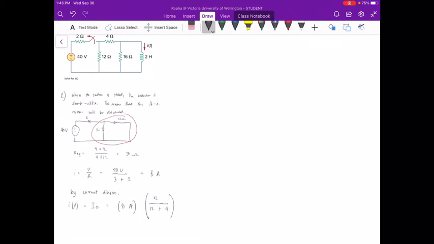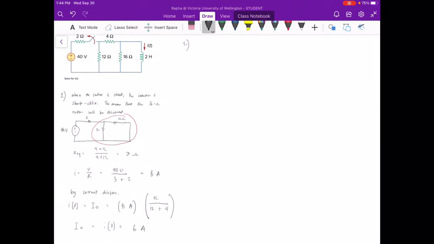So that is to find the current through the 4 ohm resistor. So our I0, or I when t is equal to 0, is equal to 6 amperes. So that's an important part of our entire solution.